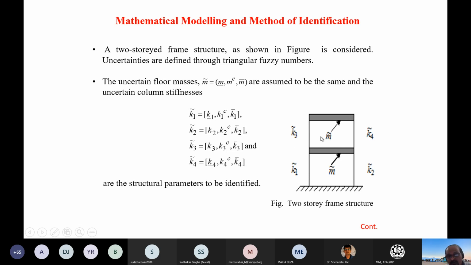That is our aim. 50 years before, I know the design of this structure, and if the design is known, I know the eigenvalues and eigenvectors for the mass, stiffness, etc. But today I cannot experiment directly there, but I can use the sensors and find those frequencies. From those frequencies, I can find today's stiffness. So that is our aim.